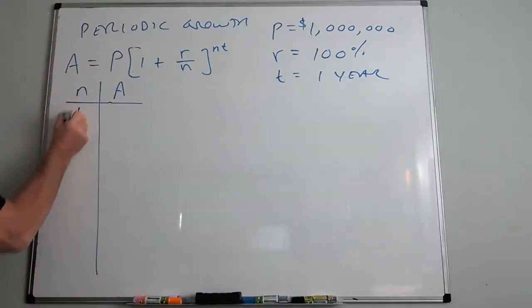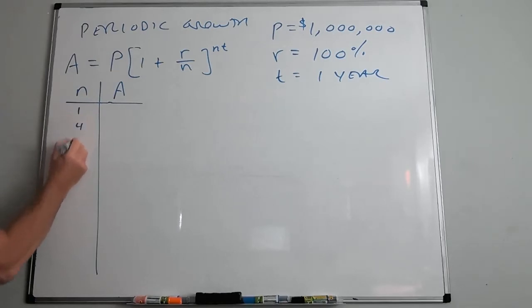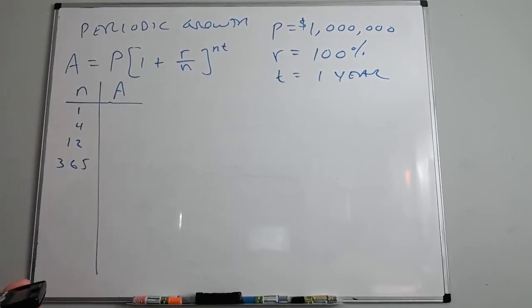So if I just did it once at the end, maybe I do it quarterly, I do it monthly. Let's say I do it daily. And just for fun, if I do it daily, hold on, 365 times 24.